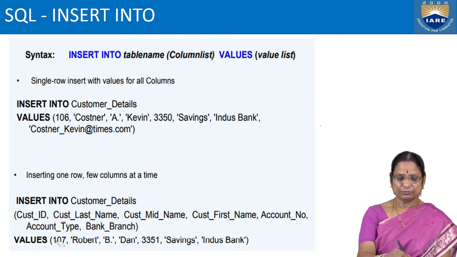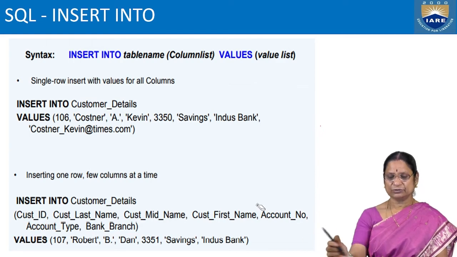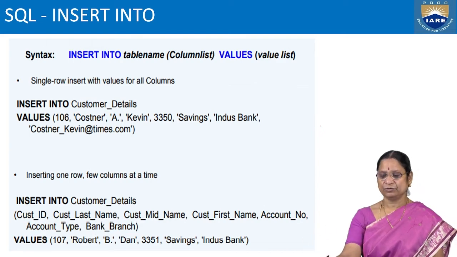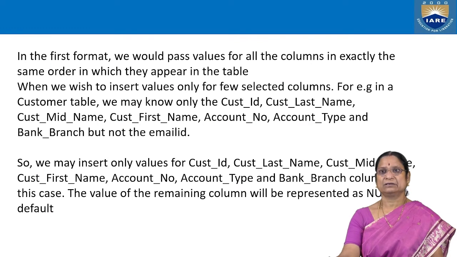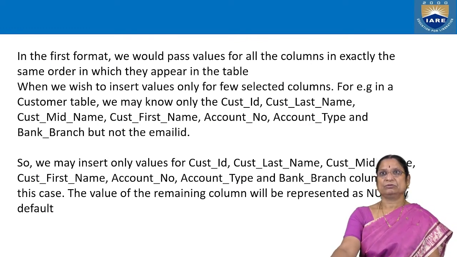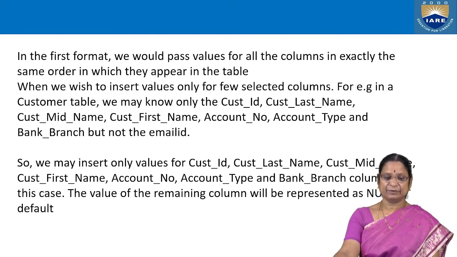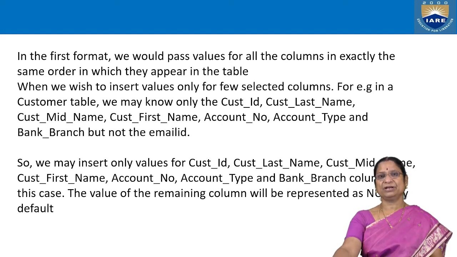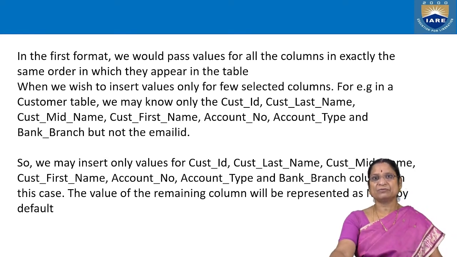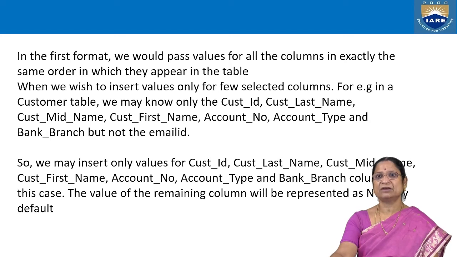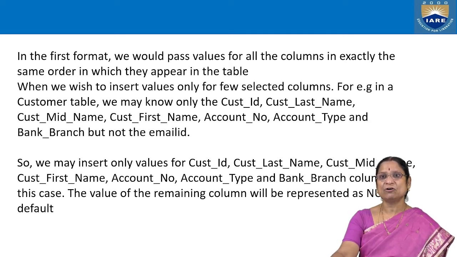So these are the two methodologies you can use to insert data into our respective table. The values of the remaining columns are not provided now. Whichever columns we provide, only those columns' data will be accepted. The remaining columns' data will be considered null by default.